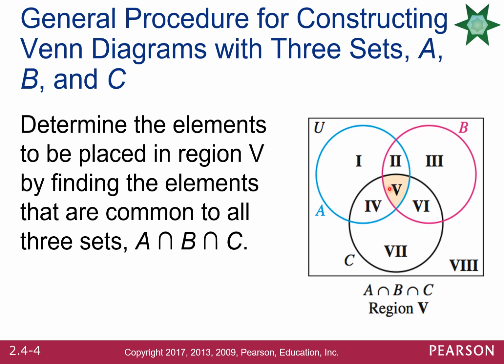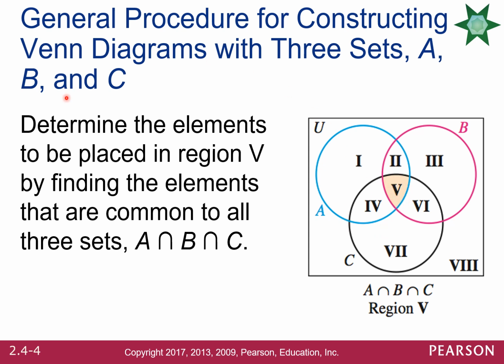In this region, we are going to include all elements that are common to all 3 sets. So set A, set B, and set C, all the elements common to the 3 sets will be included in region 5.